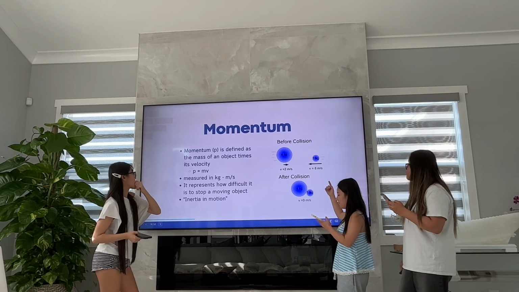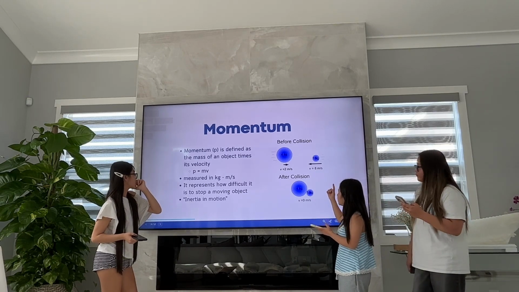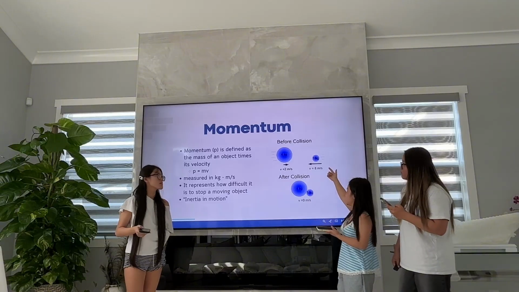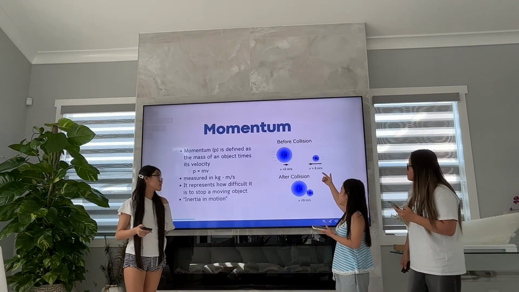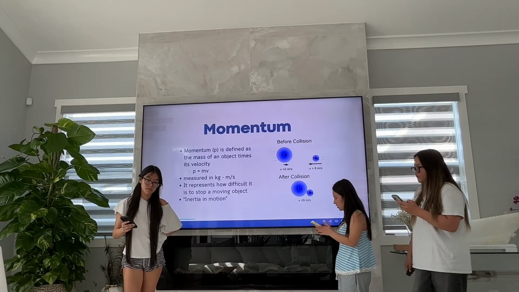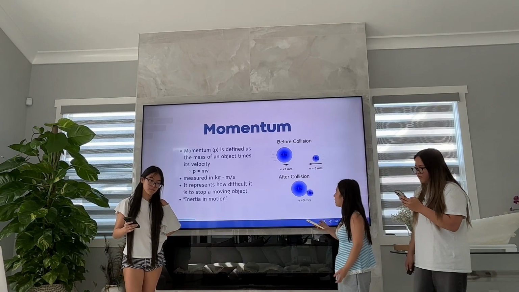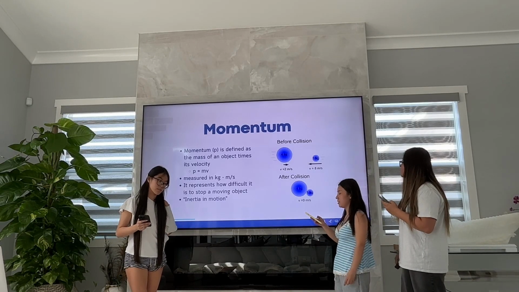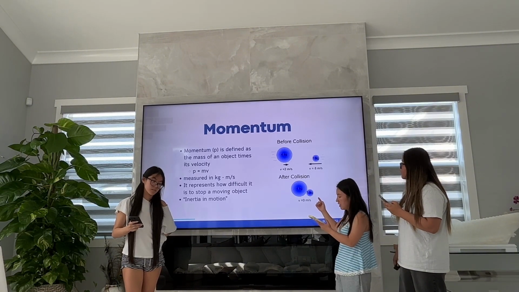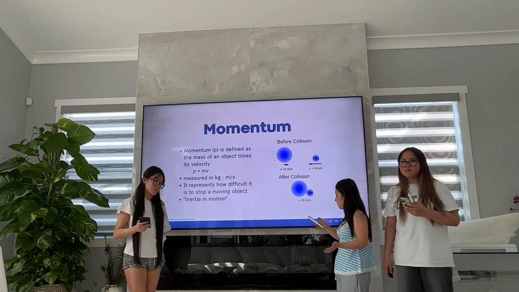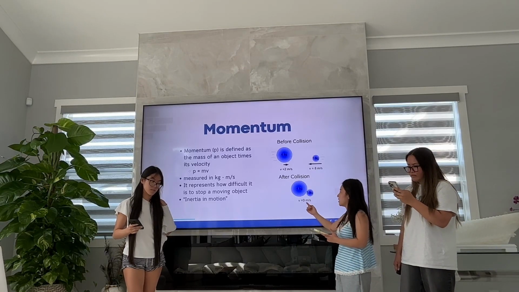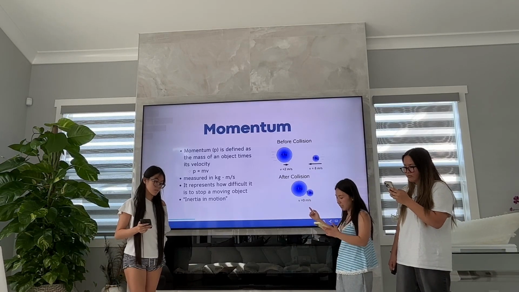And here we have the second ball moving toward the left, which has a mass of 1 kilogram with a velocity of 8 meters per second. It also has a momentum of negative 8 kilogram meter per second. When they collide, as shown right here, their opposite momentum cancels out perfectly, which brings both to a completely stop, at a velocity equal to 0 meters per second.